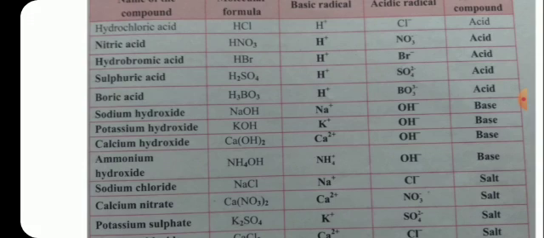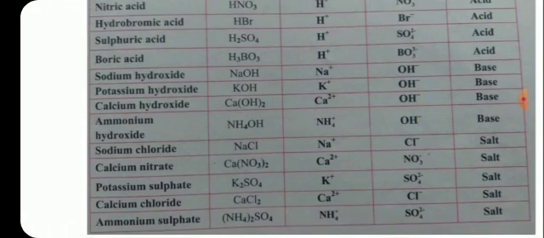Sodium chloride NaCl: Na+ basic radical, Cl- acidic radical, and it is a salt. Calcium nitrate Ca(NO3)2: Ca2+ basic radical, NO3- acidic radical, and it is a salt.